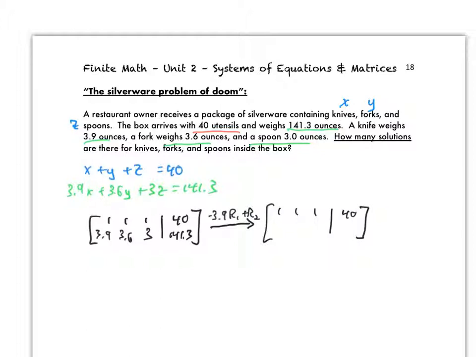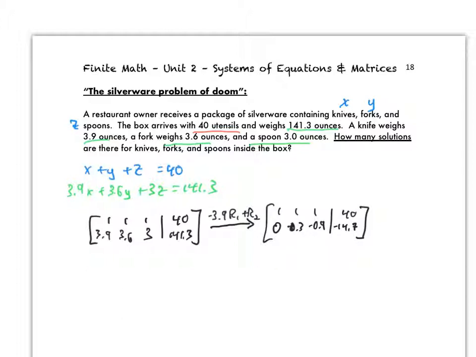I'm going to end up with a 0 here, which is what we planned, and then negative 0.3, and then negative 0.9. And when I multiply 40 times negative 3.9, I get negative 156. And then when I add that to the 141.3, I'm going to get negative 14.7.